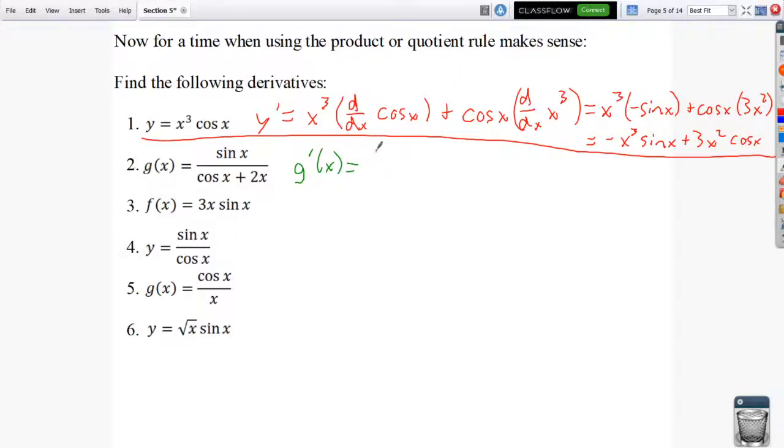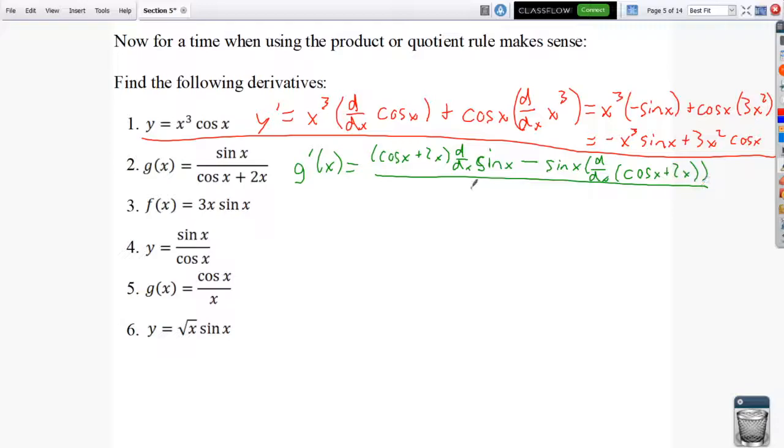So I've got low, cosine x plus 2x, d high, minus the high, d low, over the low.